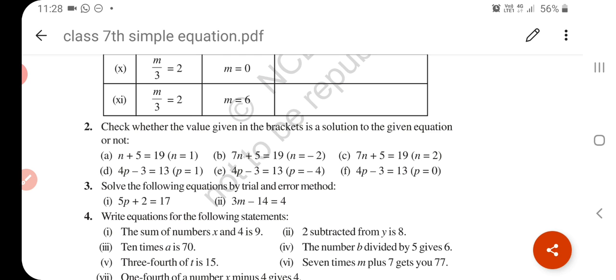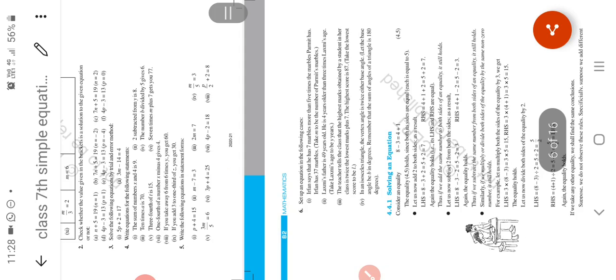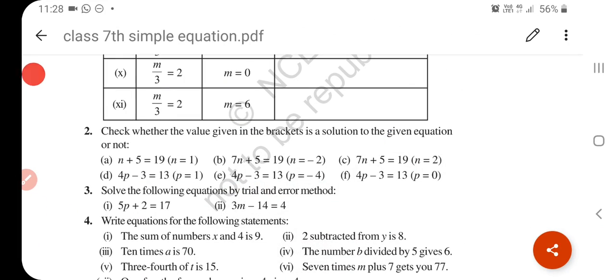While solving the equation, we add or subtract the same number or term on both sides of the equation, and transposing a number, that is changing the side of the number, is the same as adding or subtracting the number from both sides. While changing the side of a number or term, the sign of the number or term has to be changed.